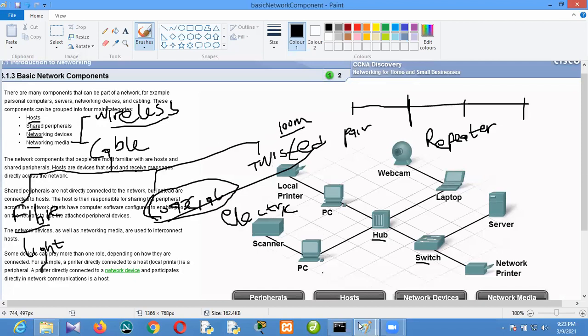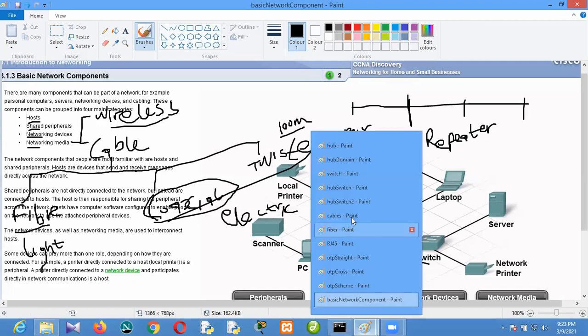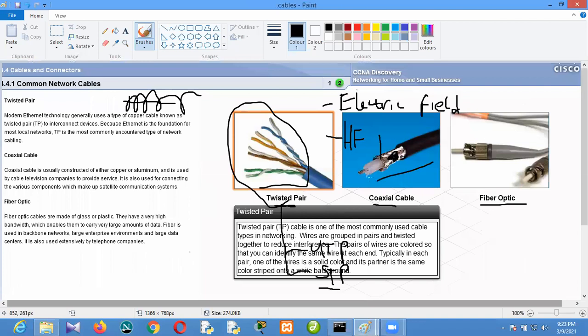Let me go back to our cables. Now, all the cables in the world have a terminator. When I mean terminator, I mean the end point. Look at this fiber, there's a terminator here. That's the end point of it.